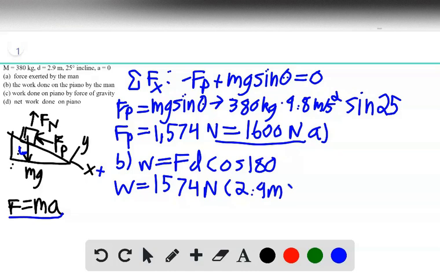And then that's all going to be times -1. Plug that into your calculator and you will get minus 4,565 joules. With sig figs, that's going to be minus 4,600 joules.